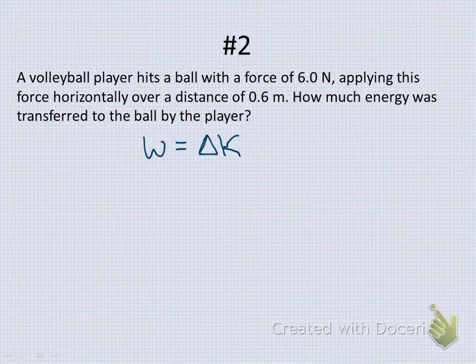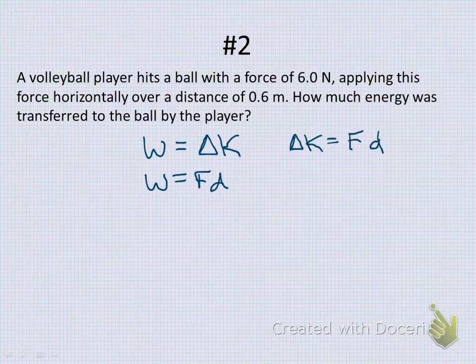And what you also want to remember is that work is, of course, equal to that force times displacement. So that means that the change in kinetic energy is equal to force times displacement because of transitive properties. If work equals change in kinetic energy and work equals force times displacement, then kinetic energy equals force times displacement.